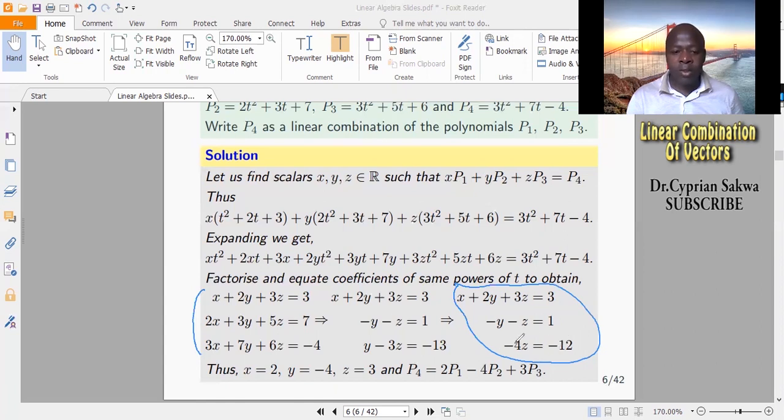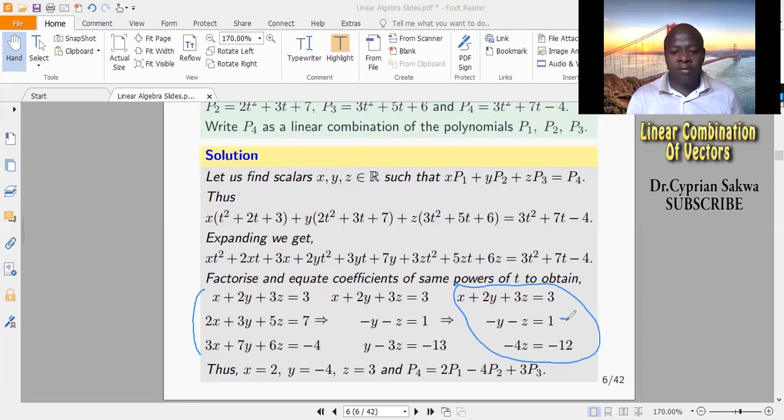So this one has solutions, meaning that our polynomial P4 can be written as a linear combination of the other polynomials. The question wanted us to write P4 as a linear combination of these other polynomials. So we just find z to be 3 here. You can see z is 3 using this last row.